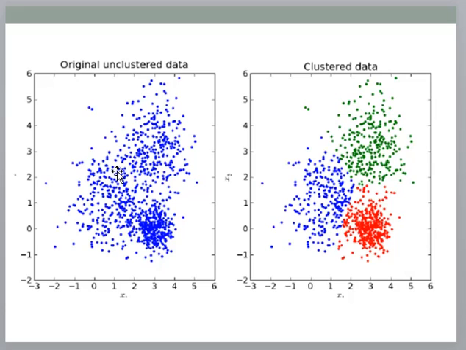Another example can be seen in this figure, in which you can see that we have some scatter plots of different types of data, which is the original unclustered data, right? So maybe this portion belongs to some different attributes of data, or maybe this portion belongs to some different attributes of data.